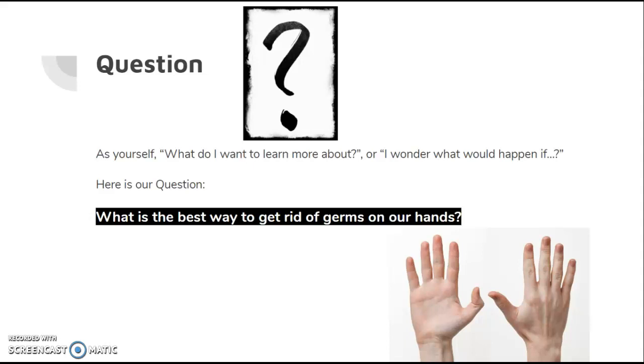So what happens if I put Mentos in a thing of Coke? Our question is, what is the best way to get rid of germs on our hands? Those little things that we can't see. If we can't see them, how do we get rid of them? And what is the best way to get rid of those things? So that is our question that we are asking. I'm going to repeat that question. What is the best way to get rid of germs on our hands?